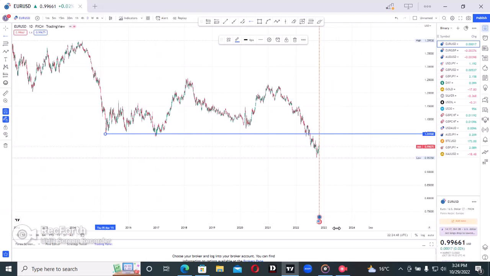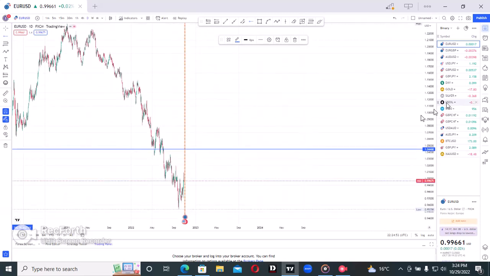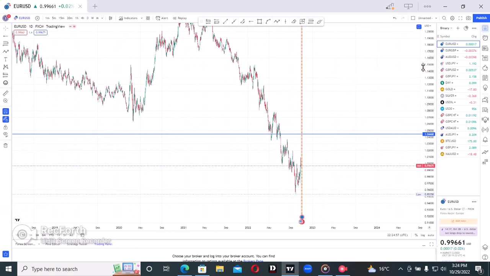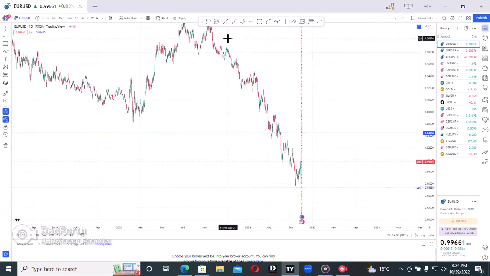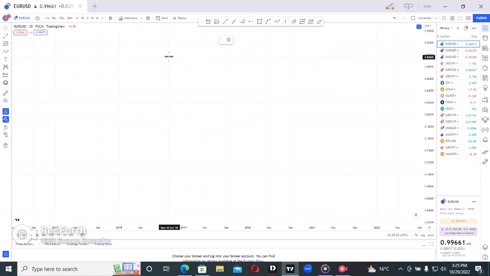Let me zoom in so that you can see clearly what's going on here. As you can see, we were moving from here to here, which is a downtrend or bearish trend. And then let me show you what I mean when I say we should look for how to identify the support and resistance area.